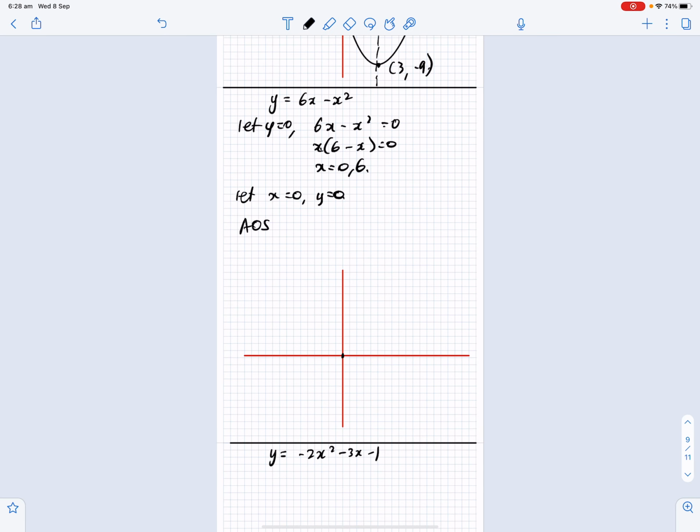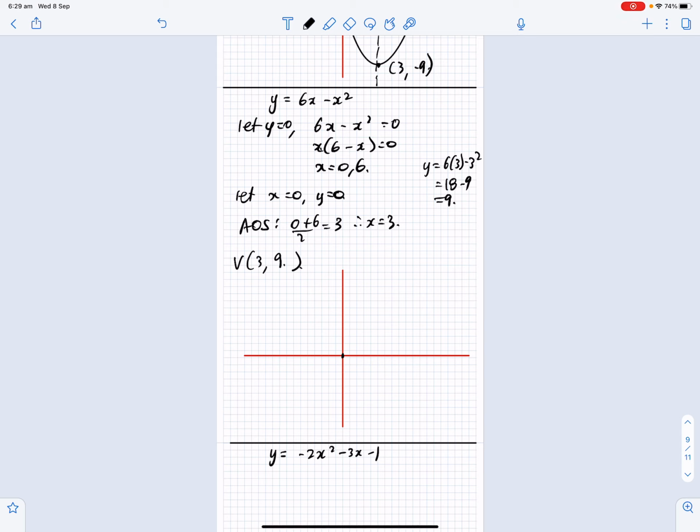Your axis of symmetry is halfway between the two x-intercepts. So x is equal to 3. And your vertex, when x is 3, what's y equal to? Well, let's have a look. 18 minus 9, which is 9. Your vertex is 3, 9.